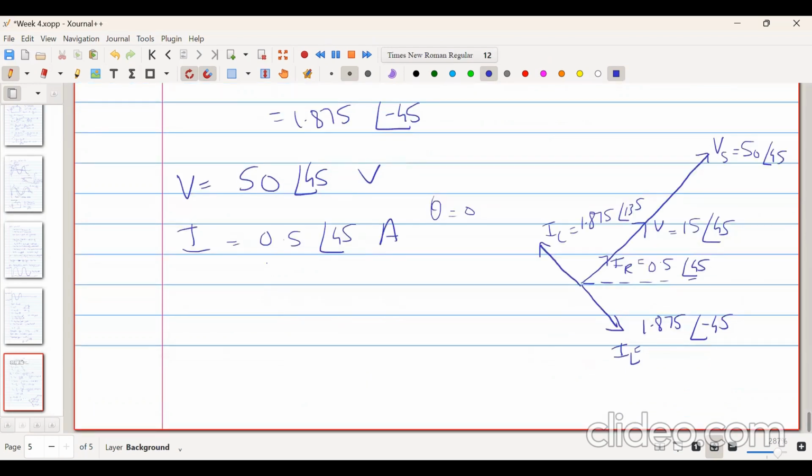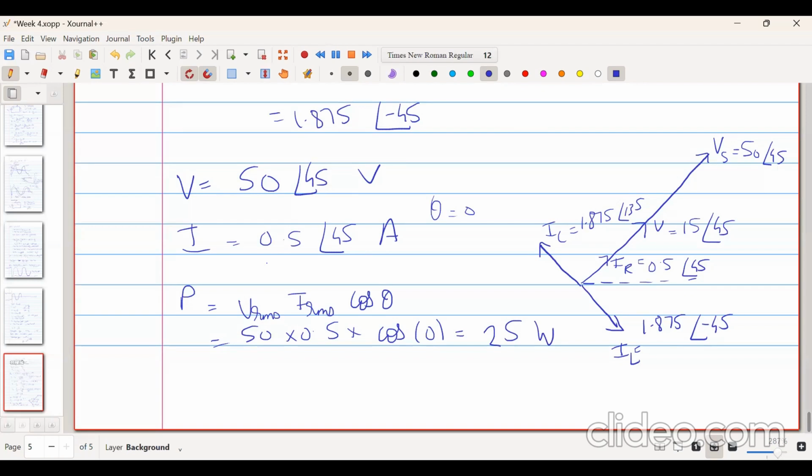The average active power is Vrms times Irms times cos theta. So it is 50 into 0.5 into cos of 0. That is equal to 25 watts.